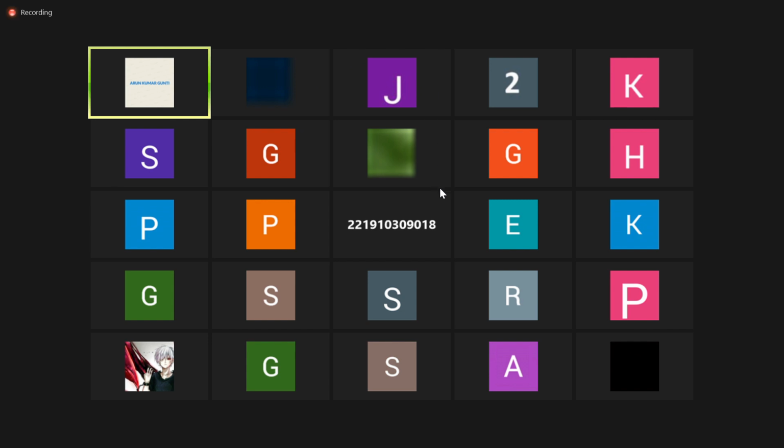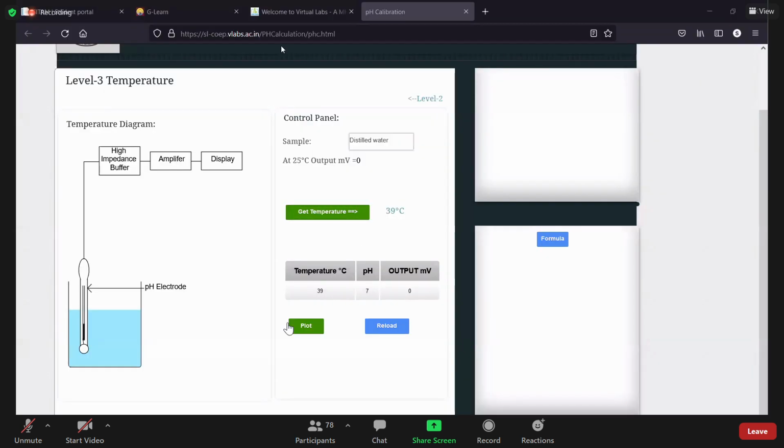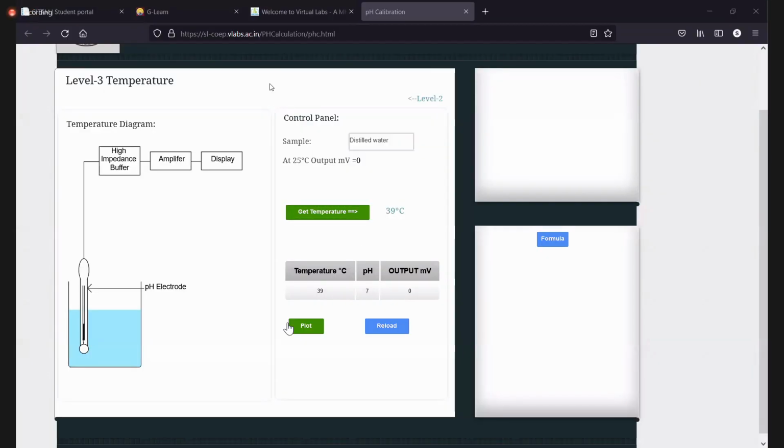CS 91. Take another liquid, not distilled water.